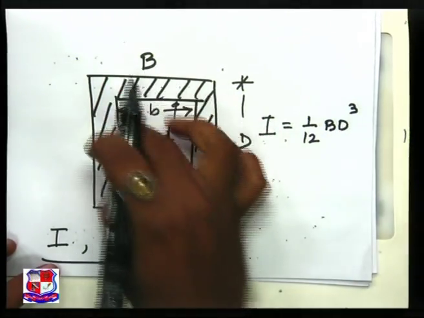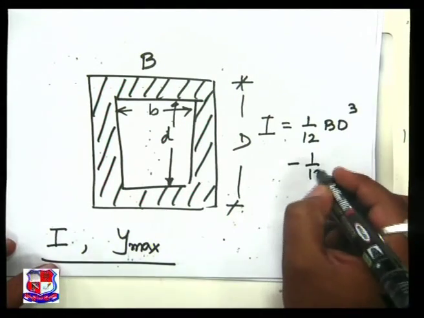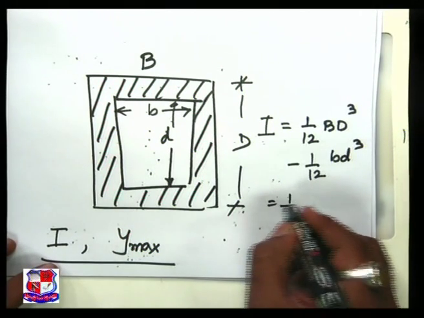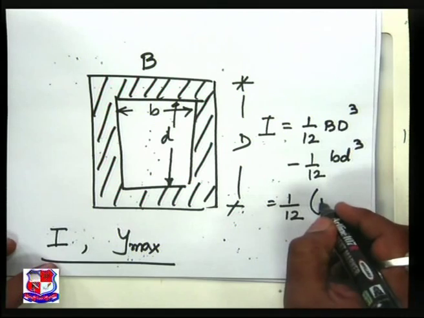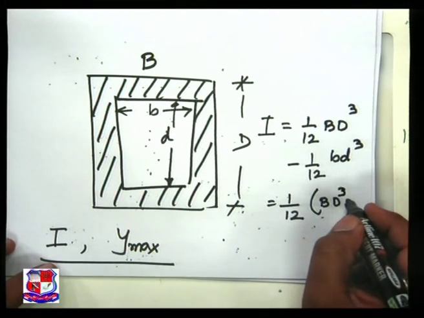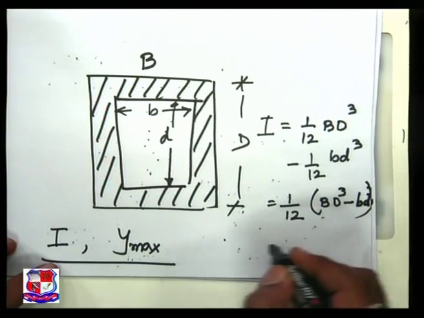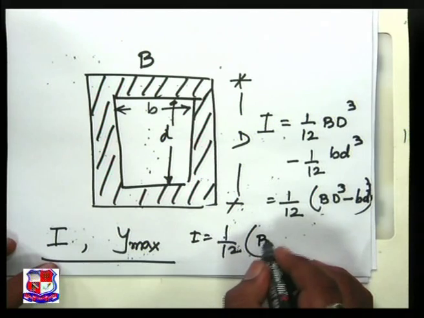We have to subtract the hollow part, so minus 1 by 12 bd cube. If we take out 1 by 12 as a common factor, we get BD cube minus bd cube. So, the I value is like this.